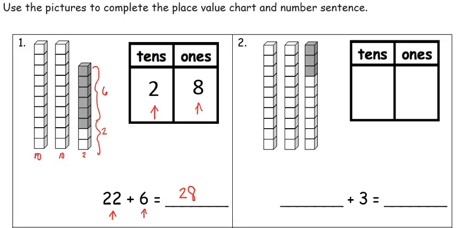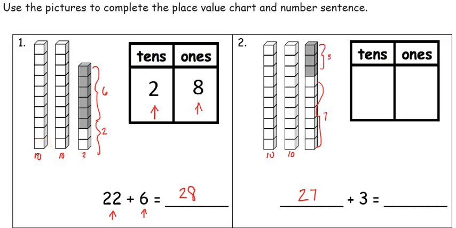Moving on to the next problem, I have another group of 10 and another group of 10 white, and next to it I have 7 more white cubes. So that would mean I'm starting with 27 white cubes and I'm adding 3 gray cubes to that total.